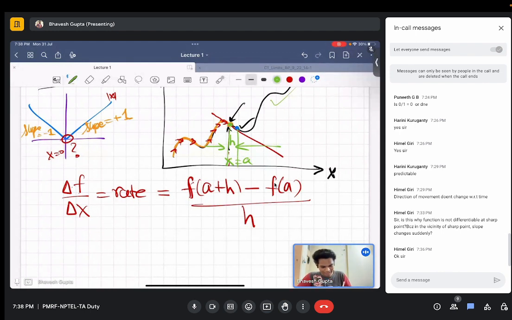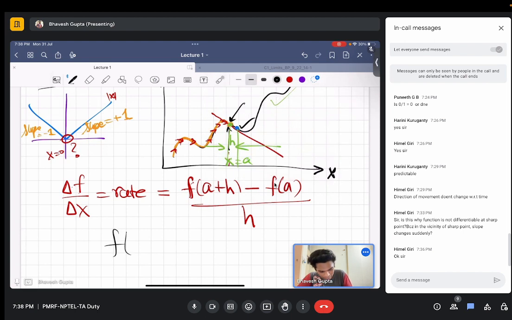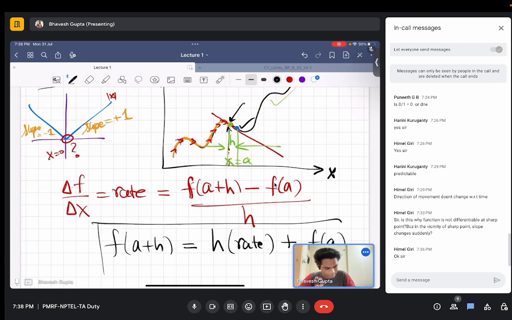So you can see that the moment I know what my rate is, I can estimate this, right? Let me write down. So this can be written as h times the rate plus f of a. This is the important thing which I want to emphasize.